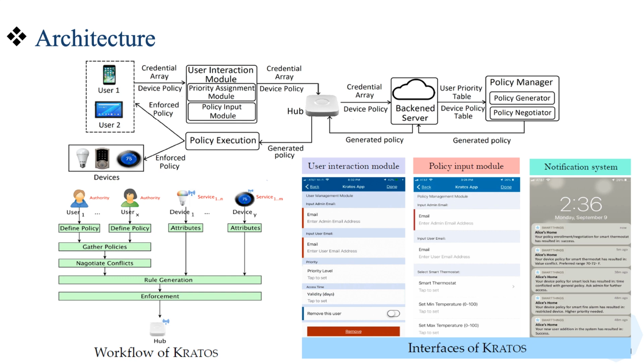For example, if you're setting up a coffee machine or a thermostat, what temperature range do you want for this specific device? Then we have policy execution and policy management in case there is a conflict, and there are 3 different types of conflict to be handled. At the end it gets sent back to the back-end server and analyzed, and then a notification is sent back to the users, and a condition is set.